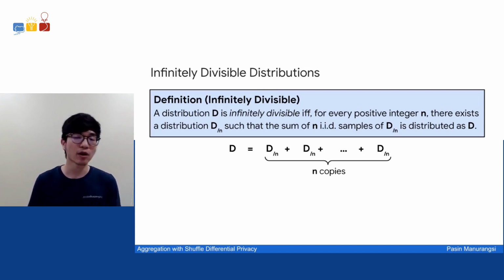And when you sum all this noise up, the noise will be distributed exactly the same as the entire distribution D. So you get back your noise that you would have added in the central model.